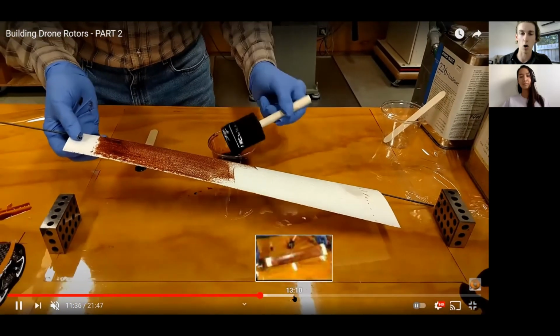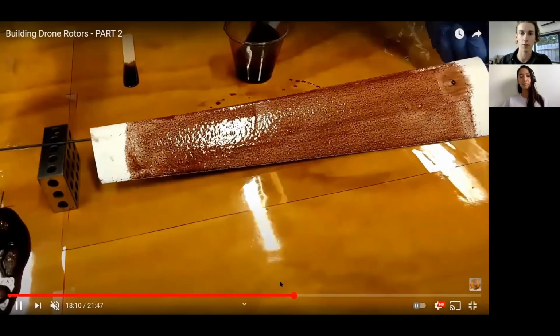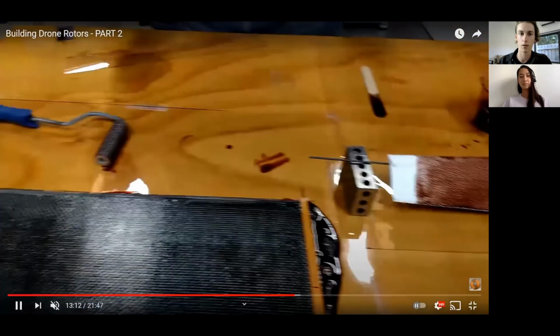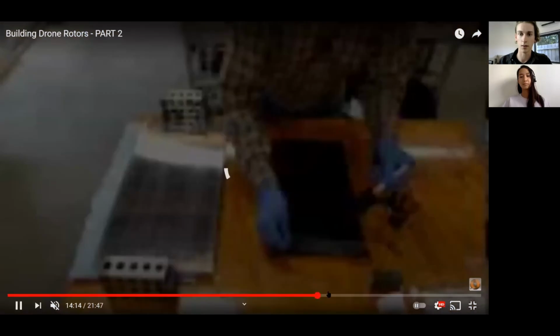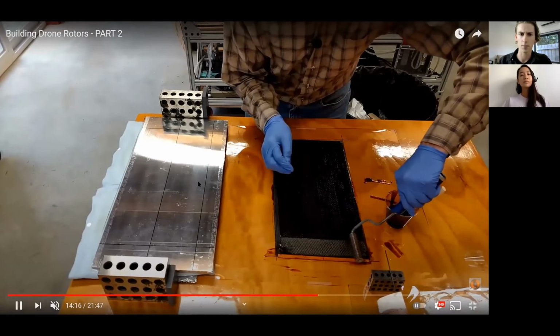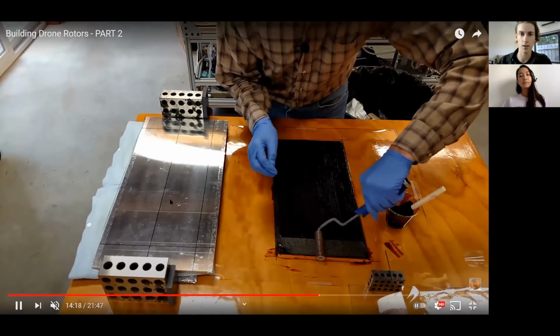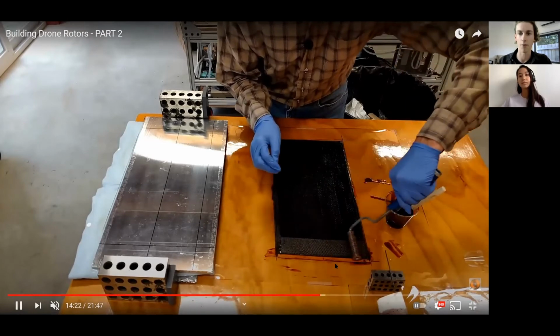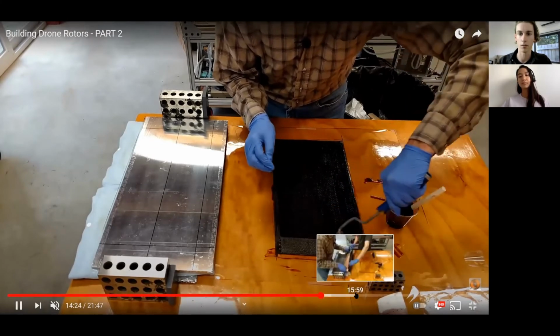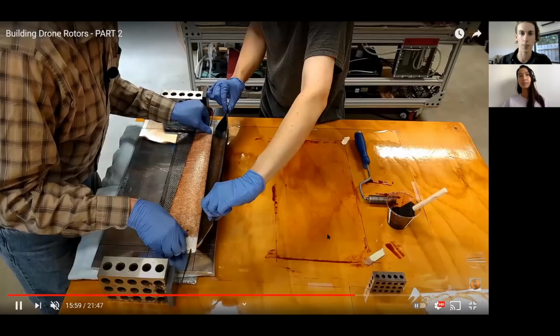And this is the sort of mold that he wants to apply the carbon fiber to, because it's still flexible before the resin has dried. What he does here is he's going to place the foam mold on this silver plate here and then wrap the carbon fiber around, which you can see here.